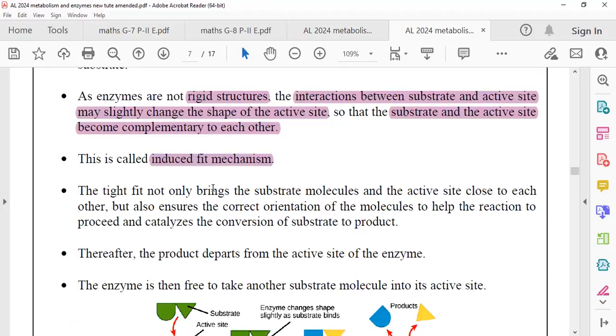And that is described by which wording? Induced fit mechanism. Okay, they bind when they are not 100% complementary. Enzyme and its active site are slightly changing, fitting well with the substrate.